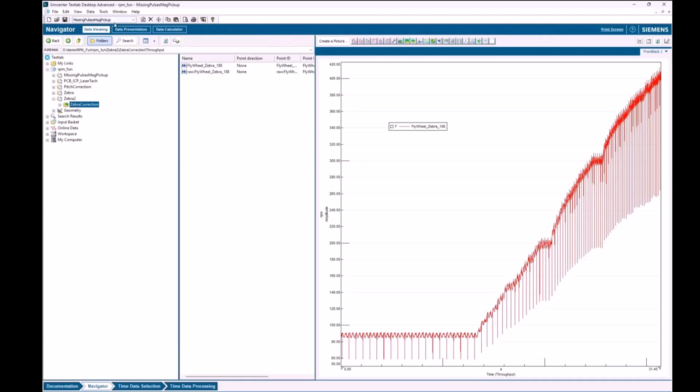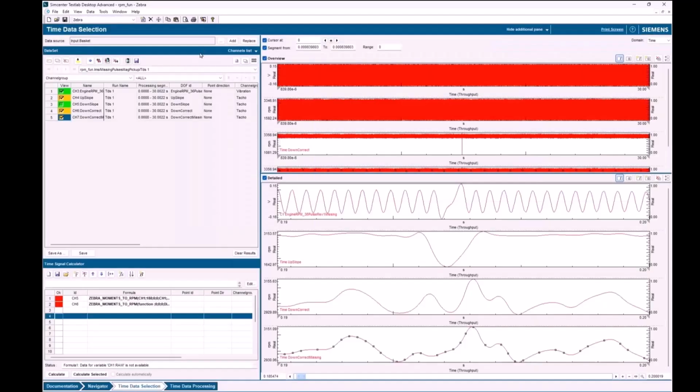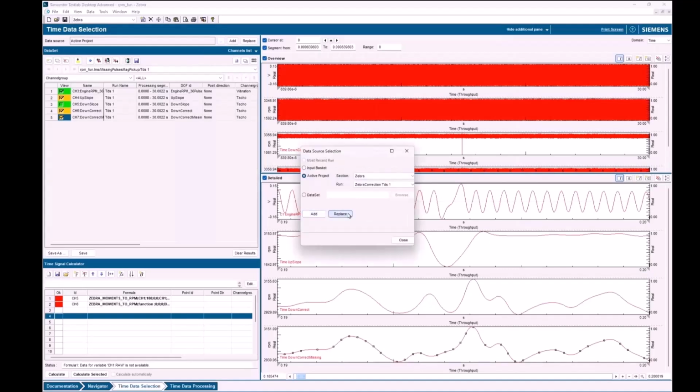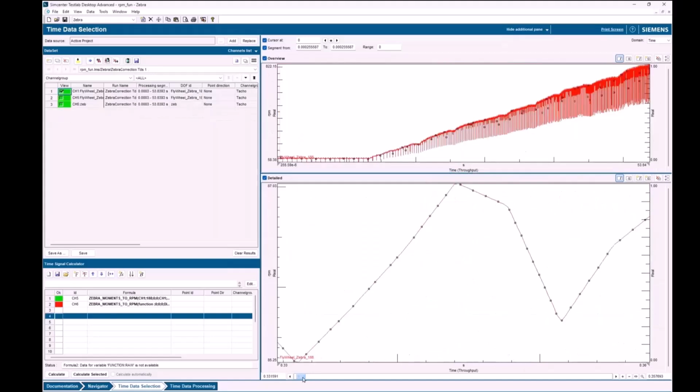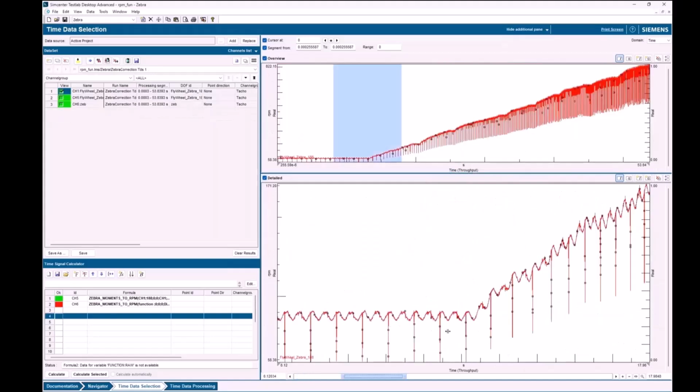So let's look at that. Go in here, and I'll just grab that data. Okay. So we got this. The same thing happens, and in this case, we have a dip in RPM every other revolution, and that dip is caused by a gap in that tape. And then we have a different correction. In the case of the zebra moments, this is actually not evenly distributed around the shaft, right?